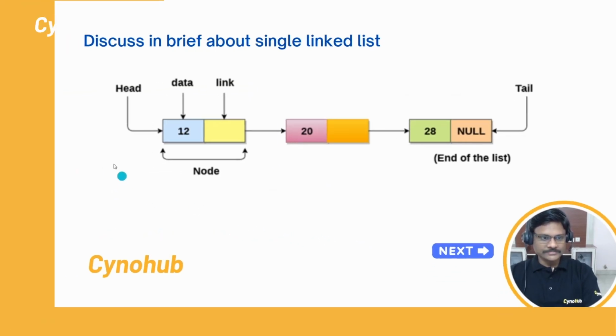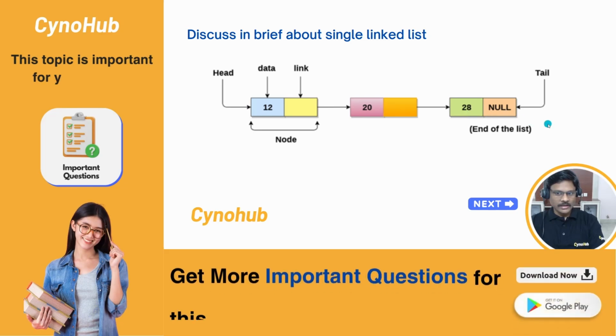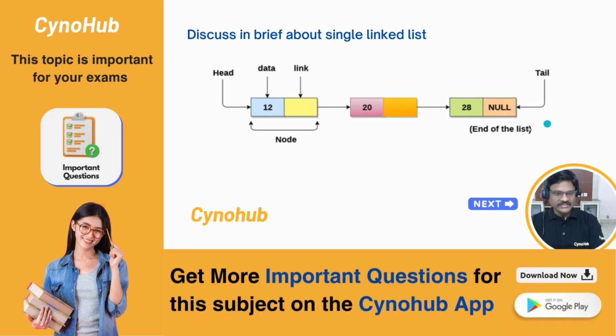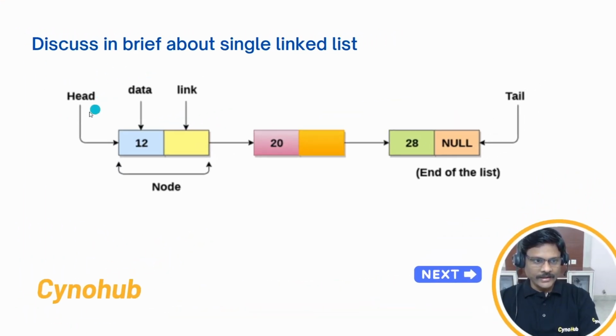Here you can see a small diagram showing just 3 nodes. The list is always identified by the first node, hence we store the address of the first node into a pointer called head, or sometimes start.